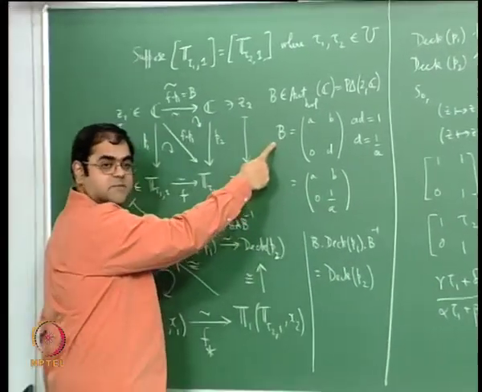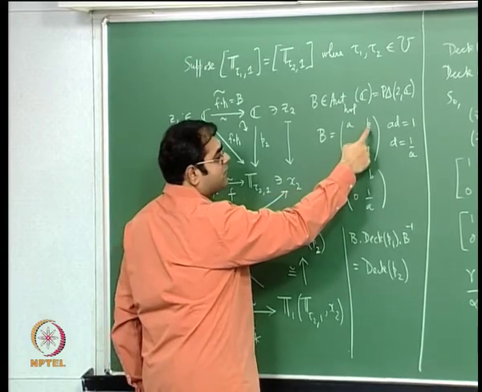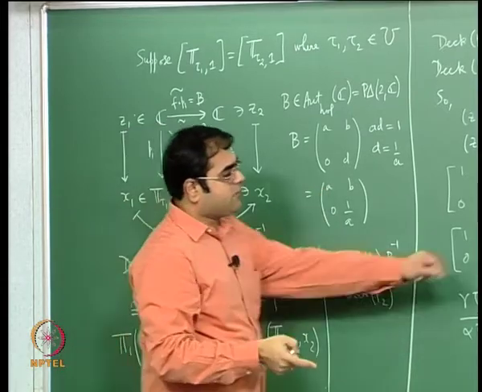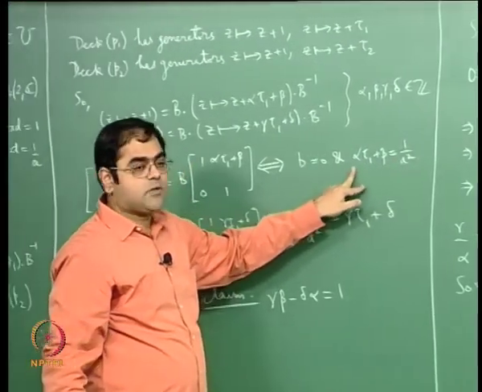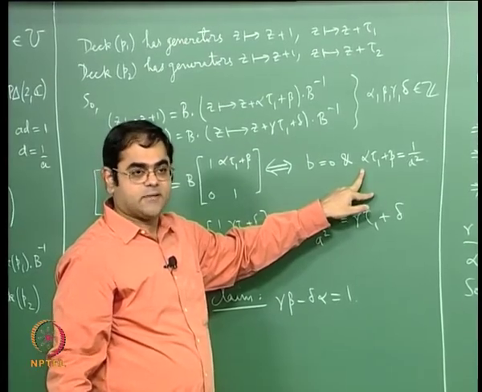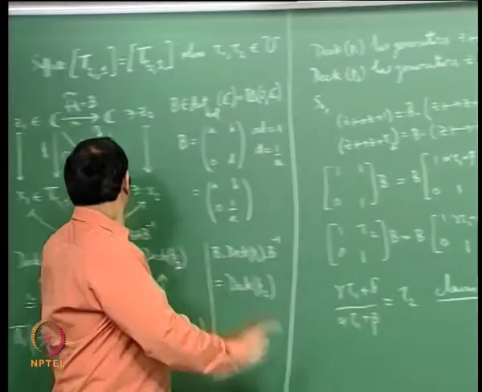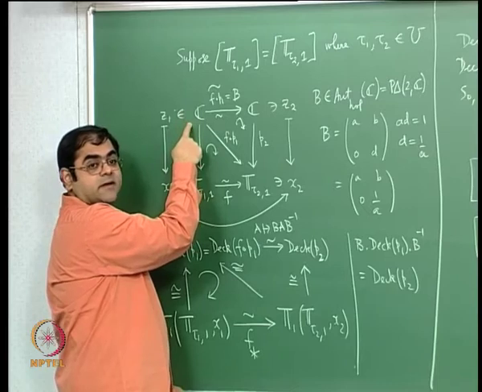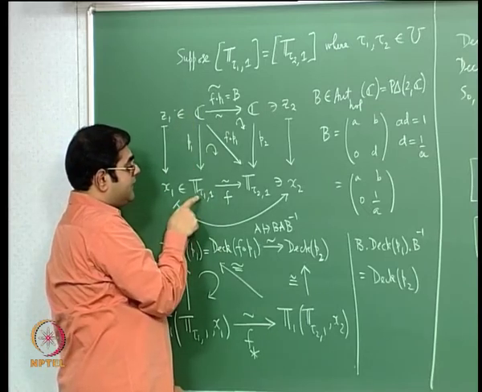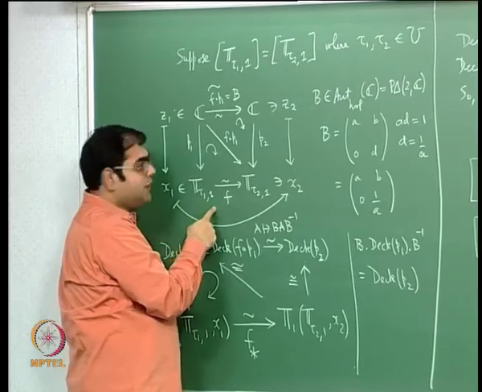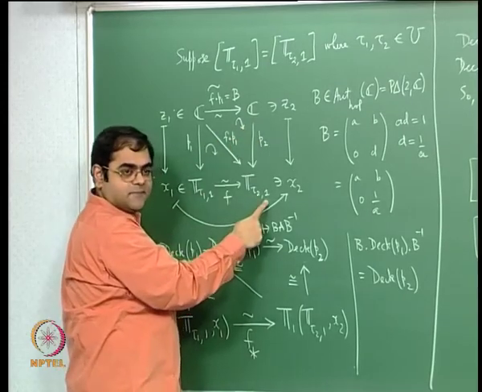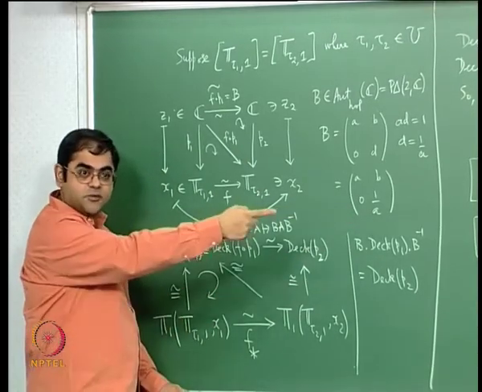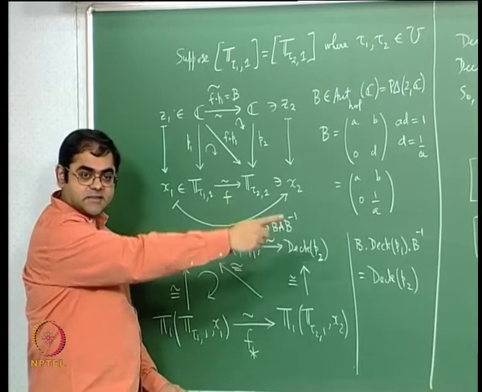I can write down B explicitly. All I have to do is set small b equal to 0, instead of D put 1 by A, and for A take just the square root of 1 by alpha tau 1 plus beta. Then I will get this B, and you can check that this B takes any integer linear combination of tau 1 and 1 into an integer linear combination of tau 2 and 1, because of the unimodular transformation alpha beta gamma delta that is already given to us.